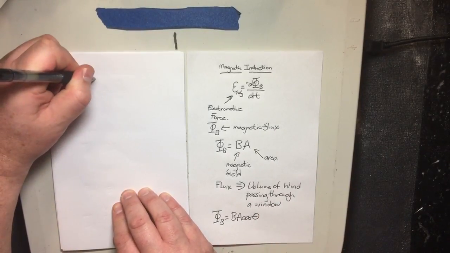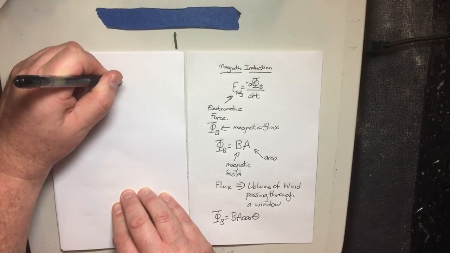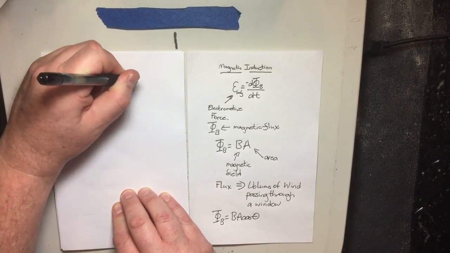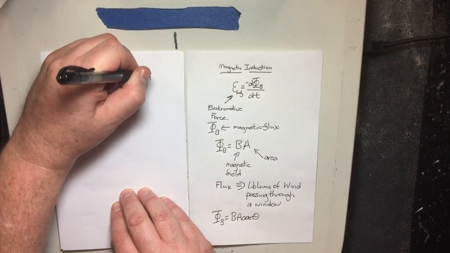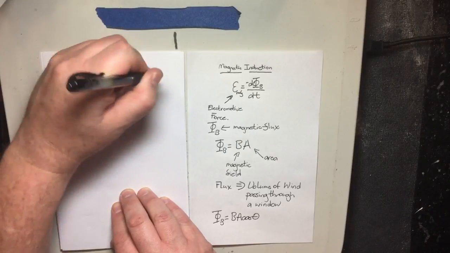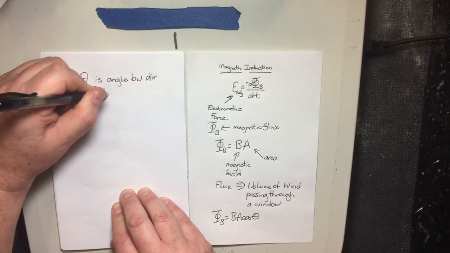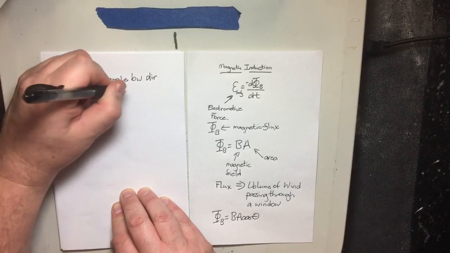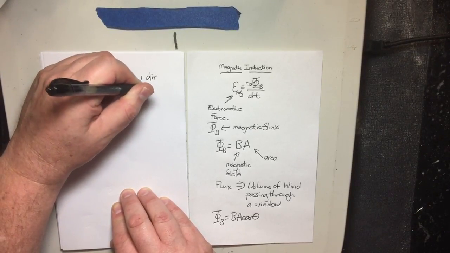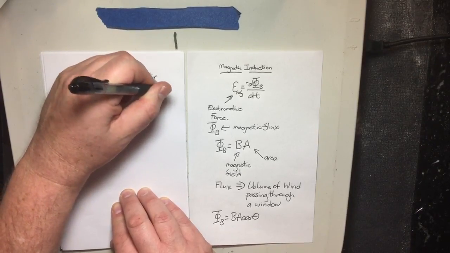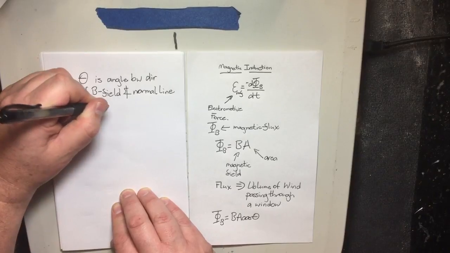Now, that theta is the angle between the direction of the B field and the normal line of the surface.